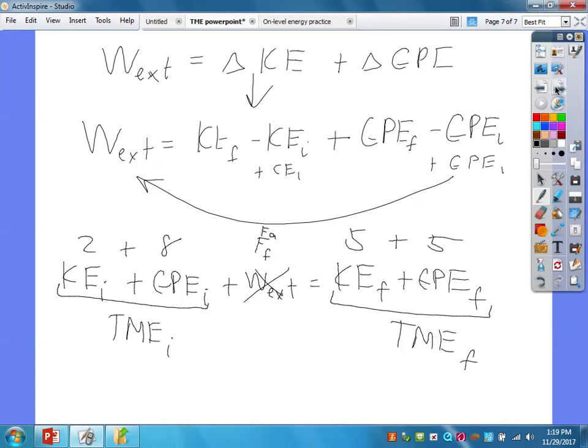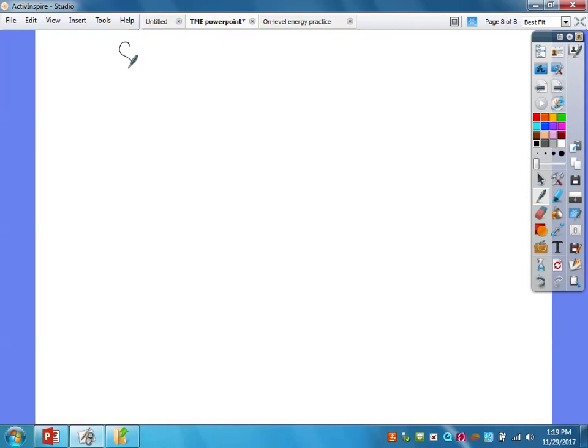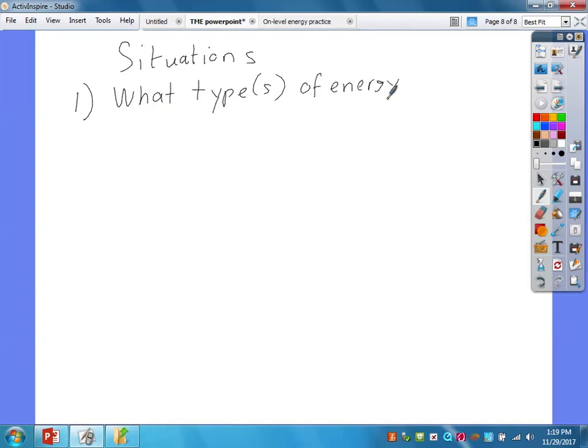So if I write that out, when you're given a situation, this is how I approach every problem with that formula. One, what type of energy do you have initially? What types of energy? I'll put a parenthesis here because you can just have one. What types of energy do you have to begin with?